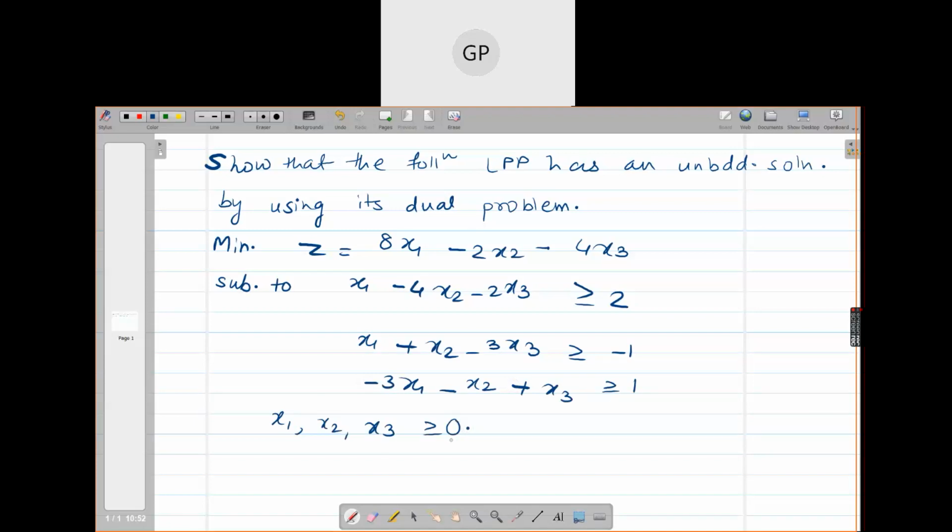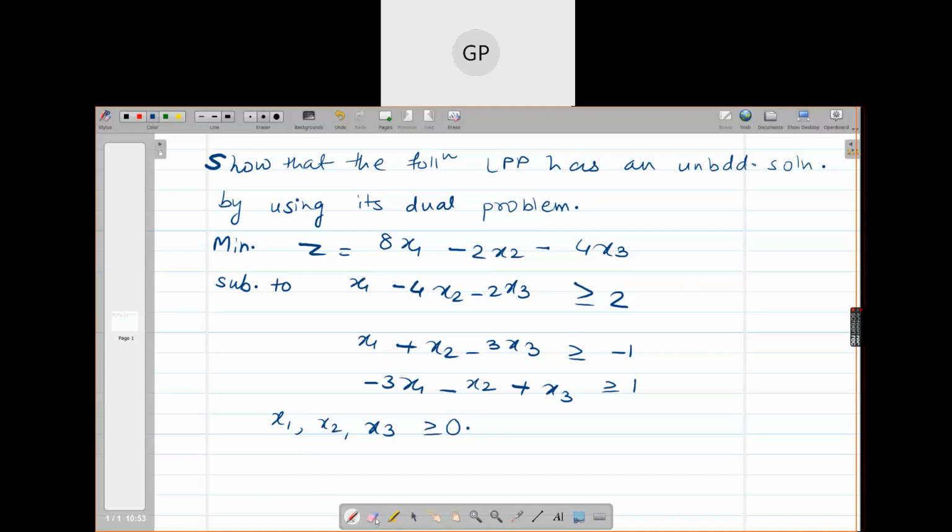Okay, so sometimes when the objective function is of minimization type and all the constraints are greater equal, that is also one type of canonical form. Yes, girls, standard form.